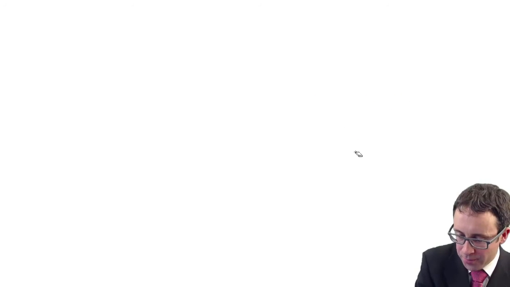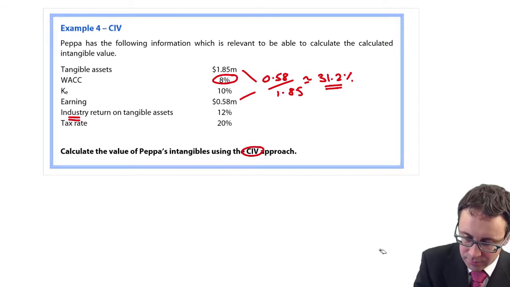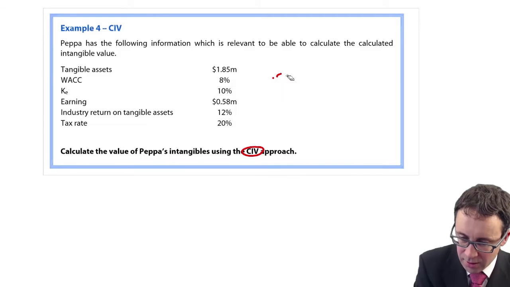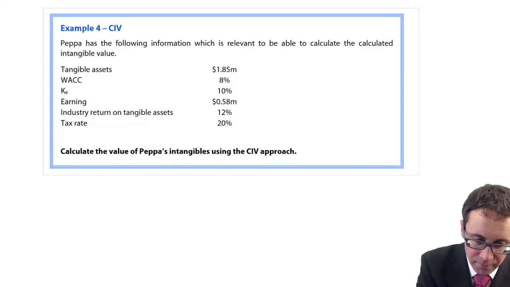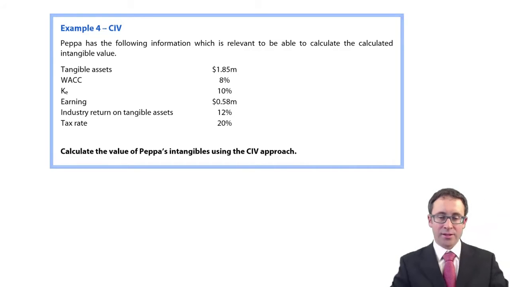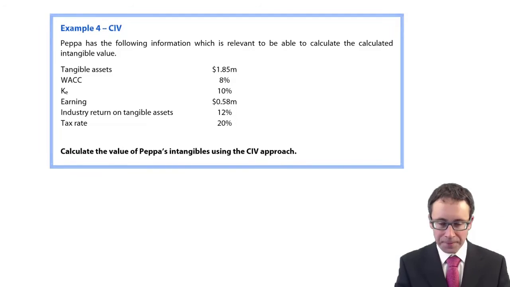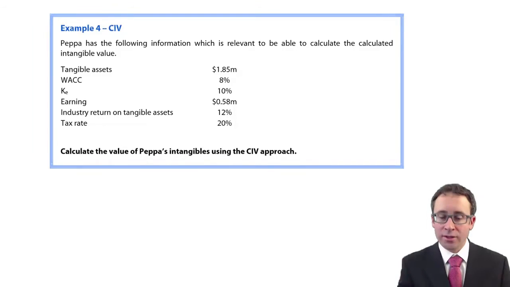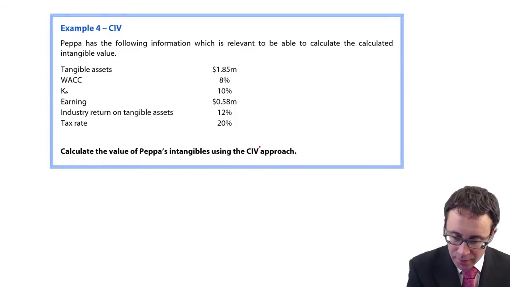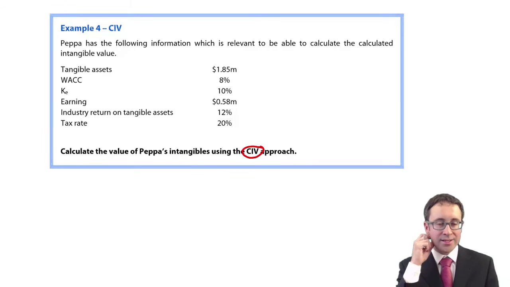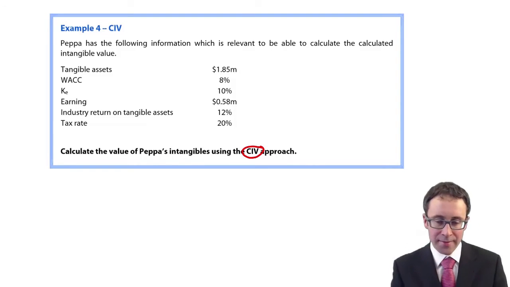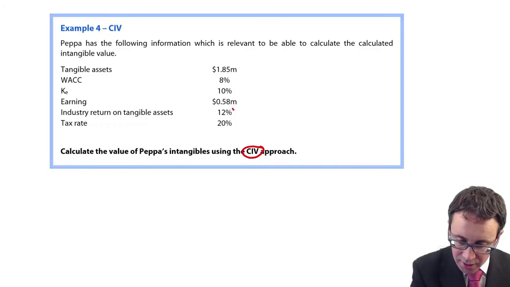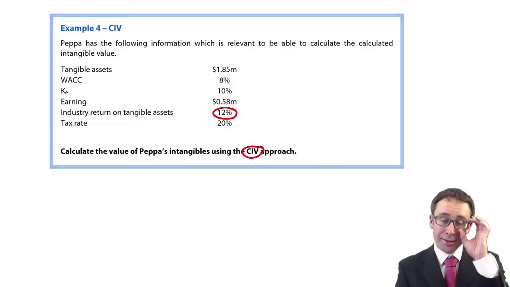So, just on the calculated intangibles, let's go from there. Let's go through and have a look at the example that asks us to work out the calculated intangible value. We can see that the industry is returning 12%.